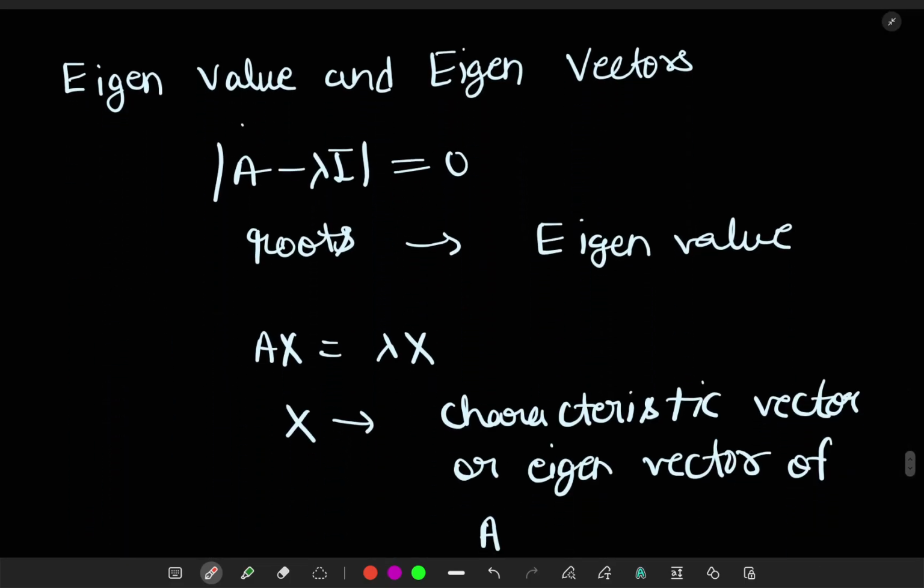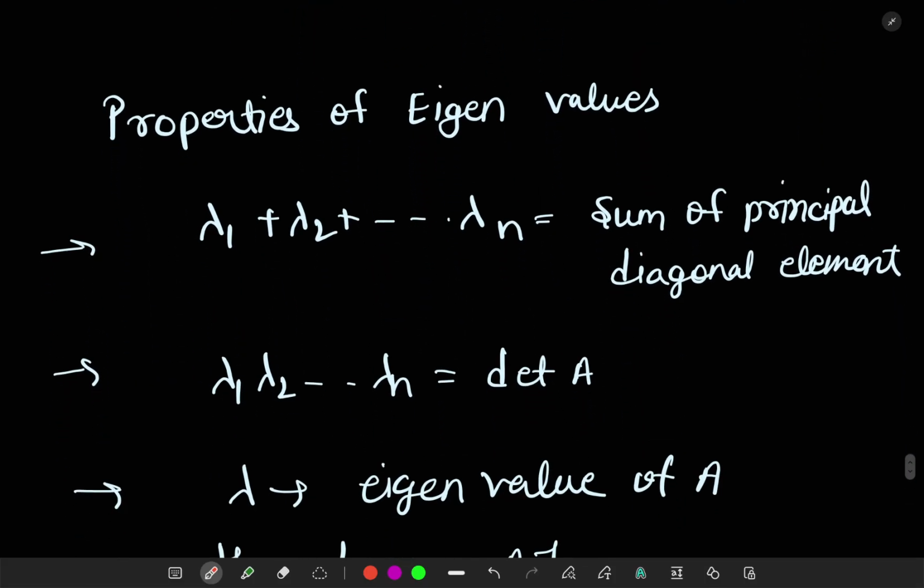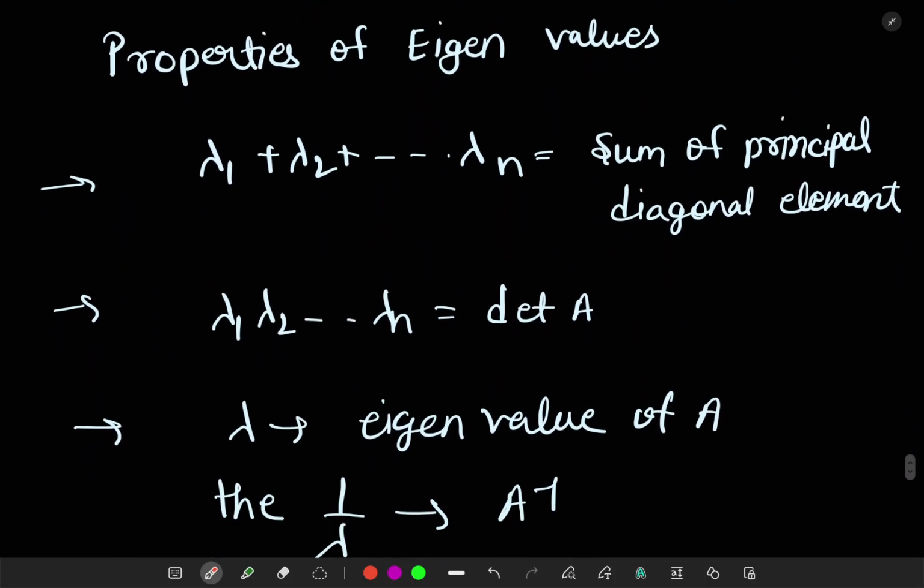Now eigenvalue and eigenvector. This is the characteristic equation, and its roots are called eigenvalues, represented by lambda 1, lambda 2 and lambda 3 up to lambda n. Now this is the characteristic vector equation. In this equation, x is the characteristic vector or eigenvector of matrix A. Now properties of eigenvalues.